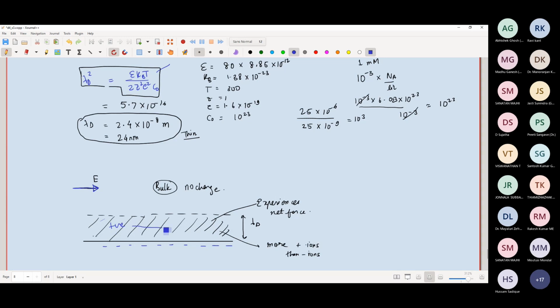It will experience a force in this direction. It is like having a positively charged ion and the electric field is like this, so it will be pushed in this direction. Okay. So this is what drives the flow in the channels.